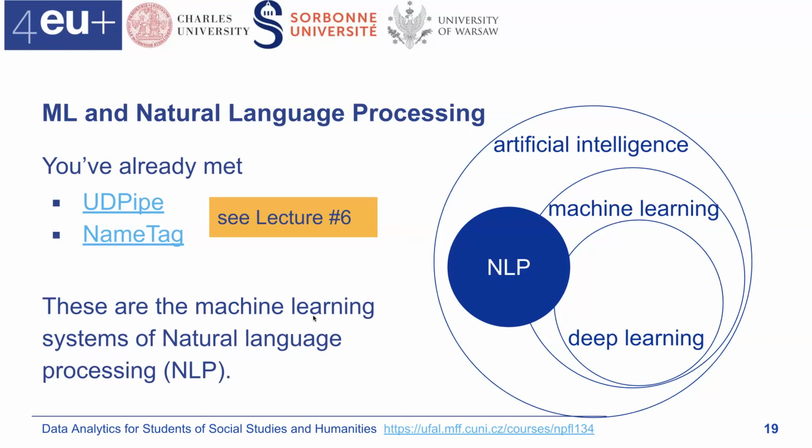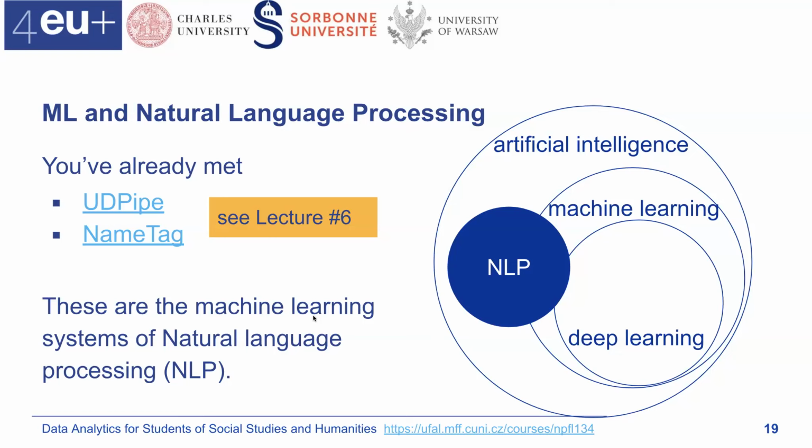UDPipe is a pipeline of linguistic processing of text, starting with sentence segmentation, tokenization, then part of speech tagging and syntactic tagging. And NameTag is a system to recognize and detect named entities in text.